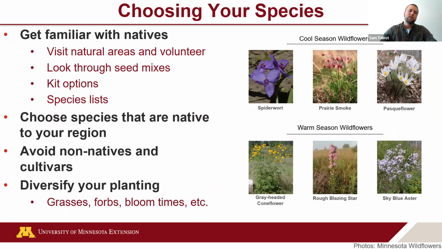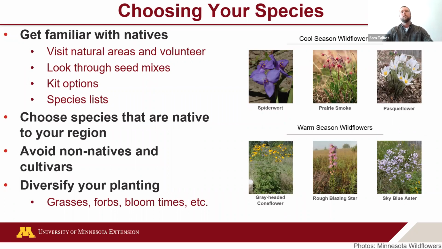And then cool season, warm season wildflowers. These are just a few examples. I broke it out this way because the cool season wildflowers are nice. They're coming out early in the season, and those early season nectar and pollen sources set the foundation for healthy bee populations. So you have your emerging queen bumblebees and other solitary bees coming out early on.